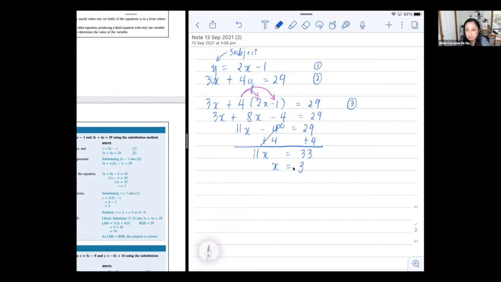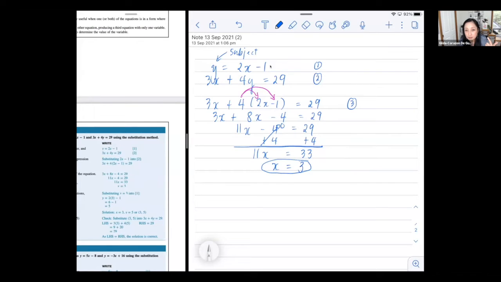Now, am I done here? No, I'm not done yet, because I know that when I solve simultaneous equations, I need to have a value of x. I also need to have a value of y, right? So far I've got the value of x. You might also want to simply circle that, right? Now you've got two equations here to choose from. You can substitute the value of x into the first equation or the second.